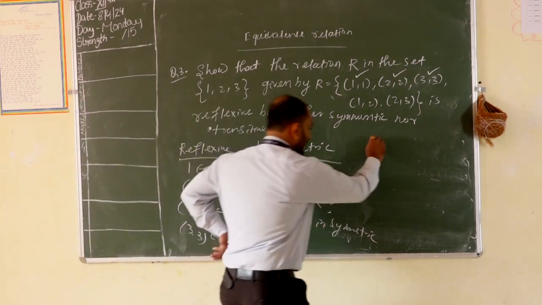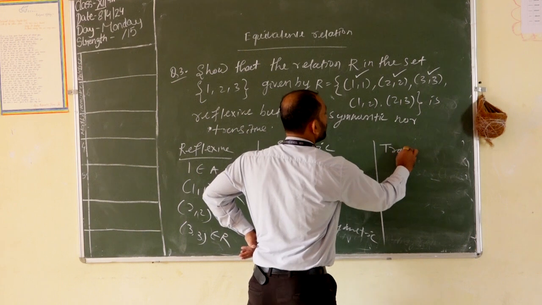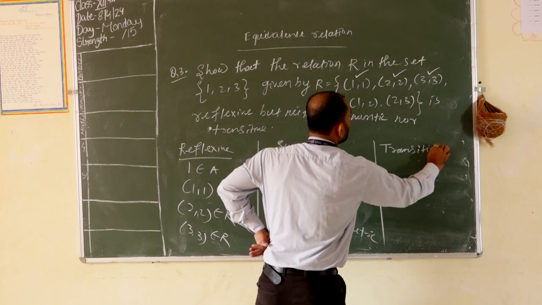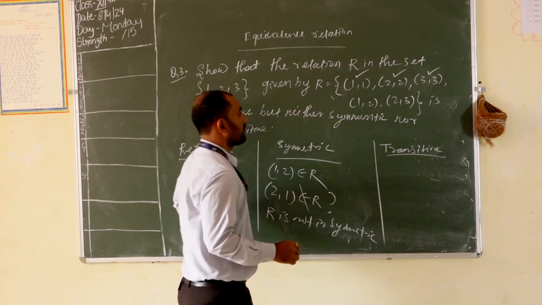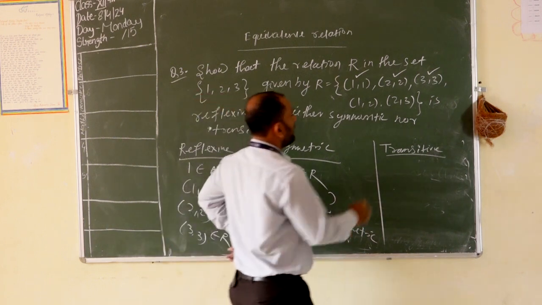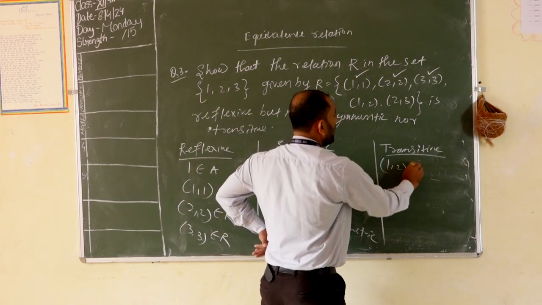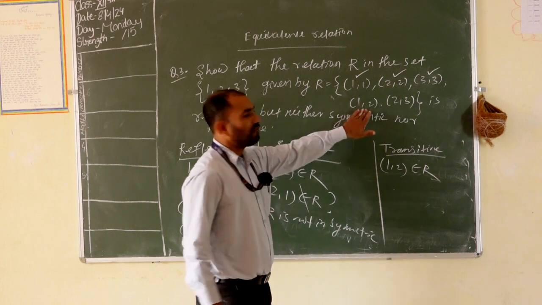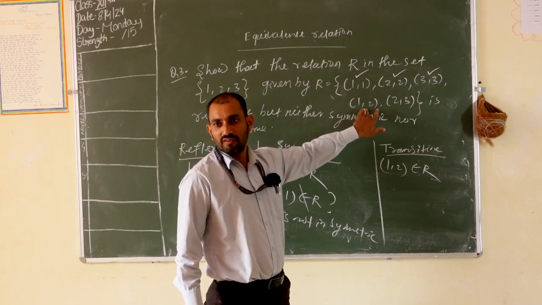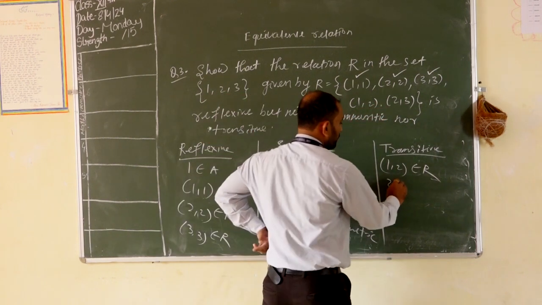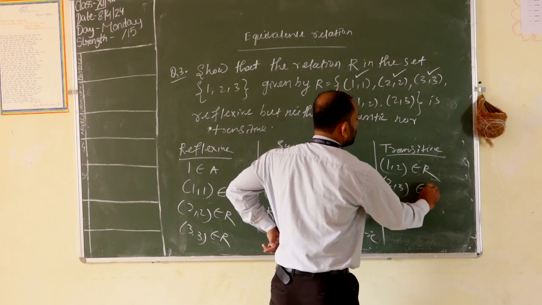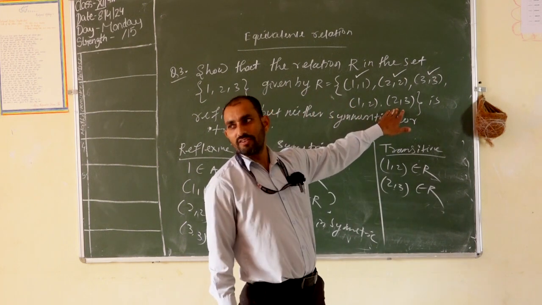Then comes transitive. Now we will check: (1,2) belongs to R because it is present in the relation. (2,3) belongs to R, it is also present in the relation.